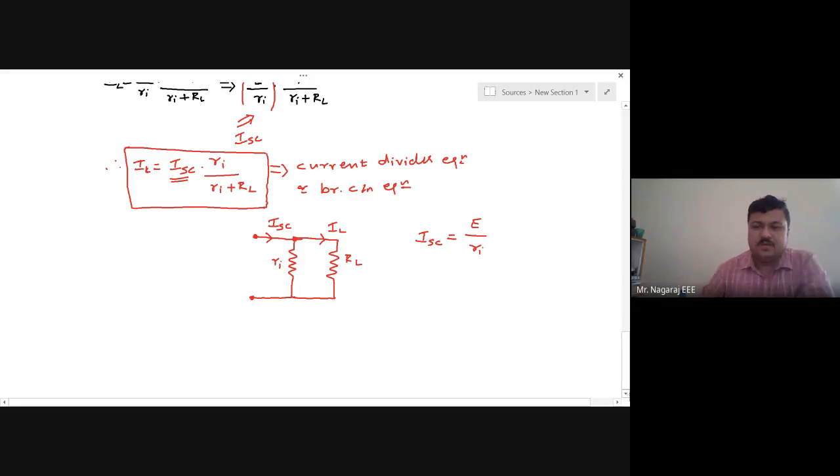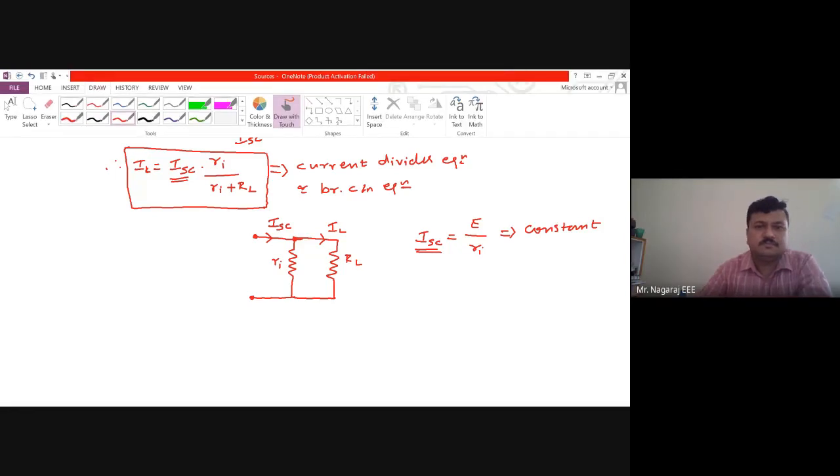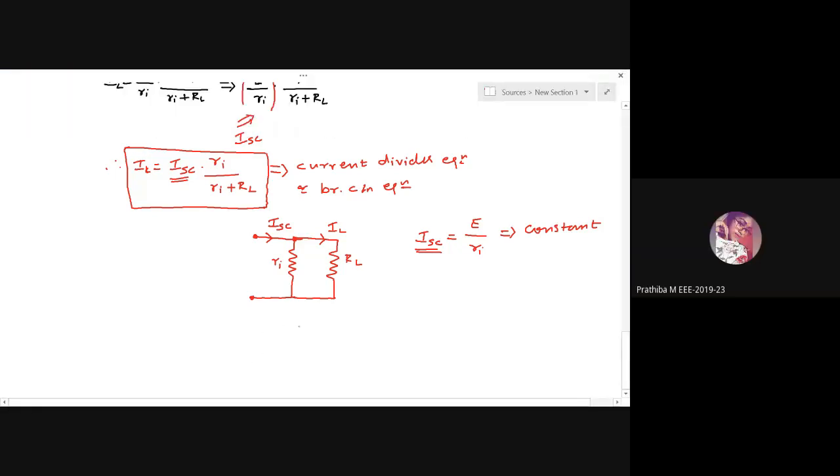So now here, ISC is nothing but a constant. Now this ISC, instead of showing it as a branch current, can I show it as a constant current source? Can I do that? Yes, sir.